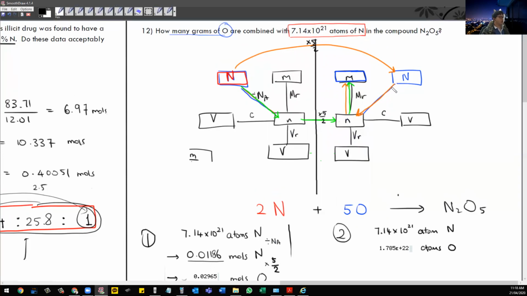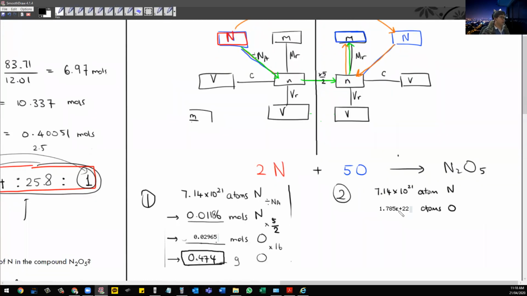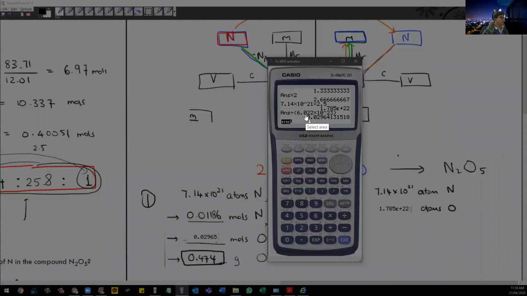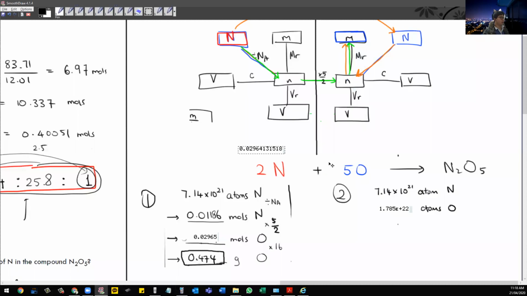Next step is figure out the number of moles. Just divide that number by Avogadro's number. So divide that by 6.022 times about 10 to the power of 23. Do that, and you get this many moles, and that's exactly the same number as this one, isn't it?